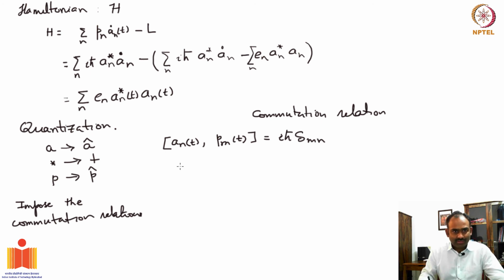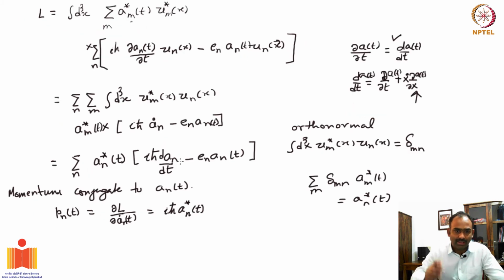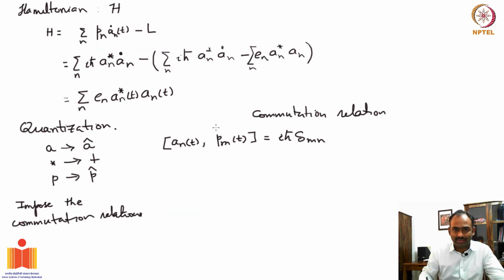Now, let's see what Pm was. So I go back. Pm is iℏ am star, which becomes am dagger. So iℏ am dagger. That iℏ factor I can pull out, it comes out of the commutator.